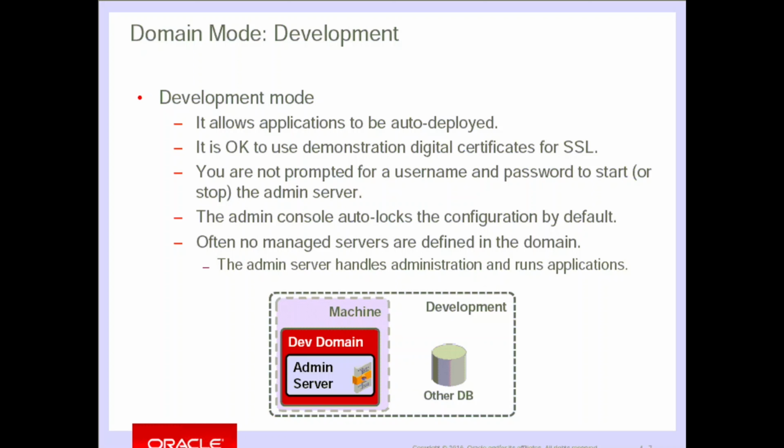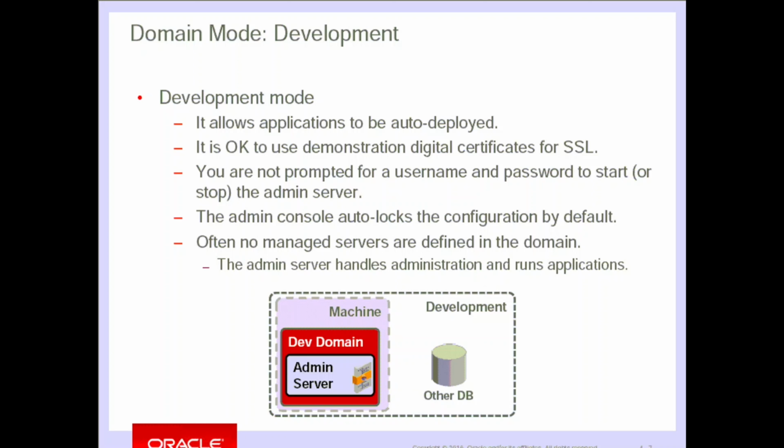The development mode has certain features: it allows applications to be auto deployed. Also, it is okay to use the demonstration digital certificate for SSL, and it will not prompt for a username and password when we start or stop the admin server.